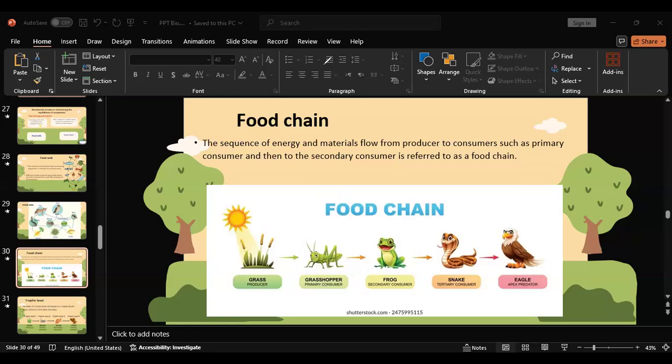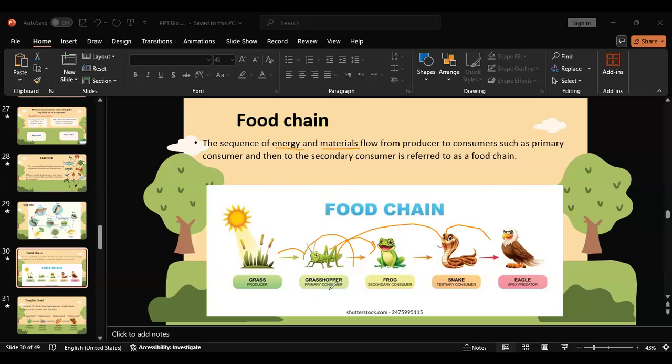One picture is given for you to see. Here is a sequence of energy and material flow, from producer to consumer. So here, what are consumers?